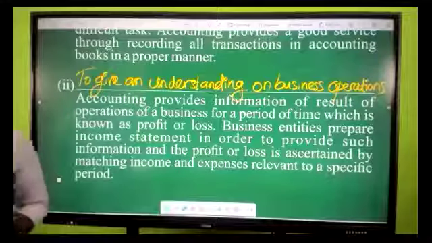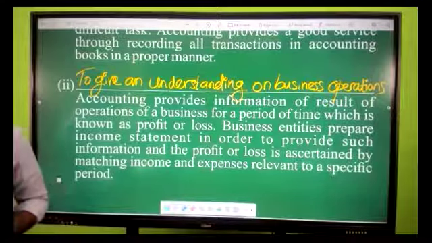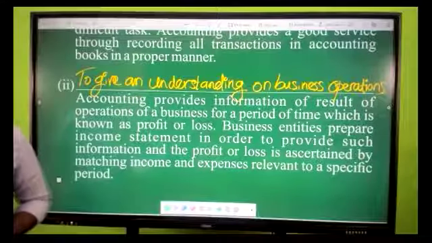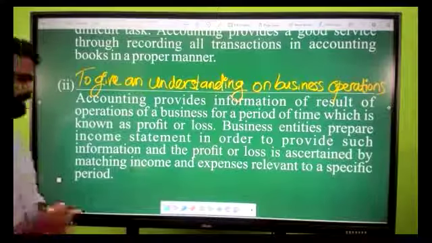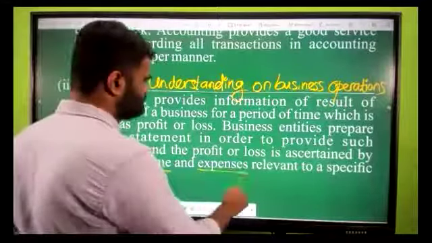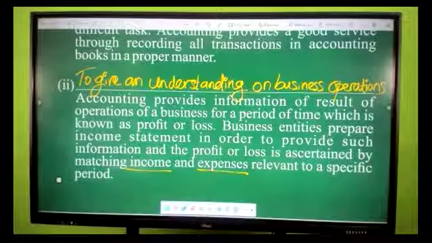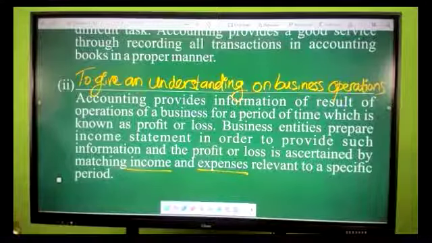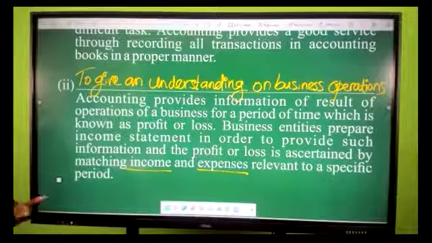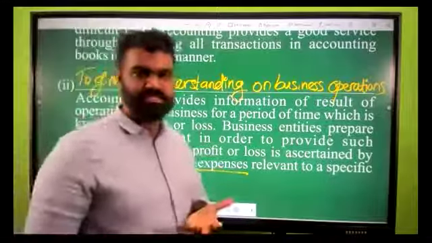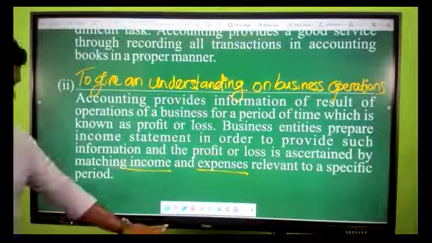Business entities prepare an income statement in order to provide such information, and the profit or loss is ascertained by matching income and expenses related to the specific period. This is the matching concept. Specific period, but that is the periodicity concept. This is also an objective of accounting, to give an image of the business. That is number two, to give an understanding on business operations.